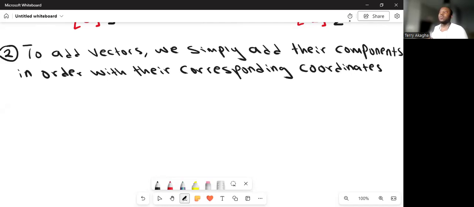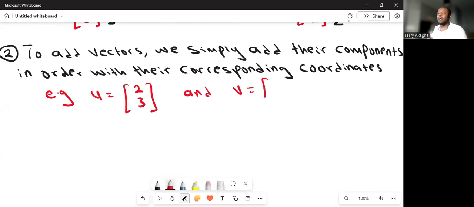So let's pick an example. Let's say we have u as (2, 3), and we have v as (4, 5). Remember that you usually add vectors that have corresponding dimensionality.